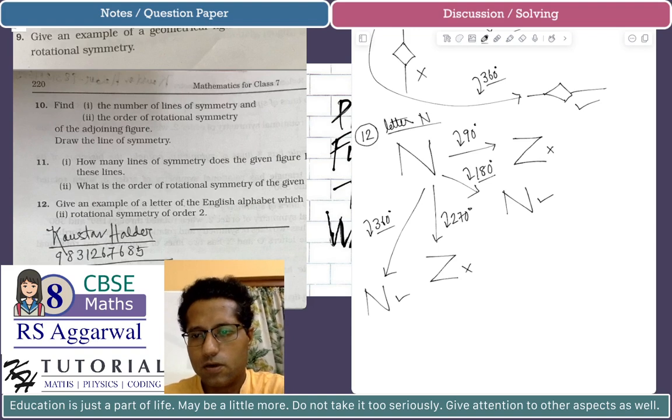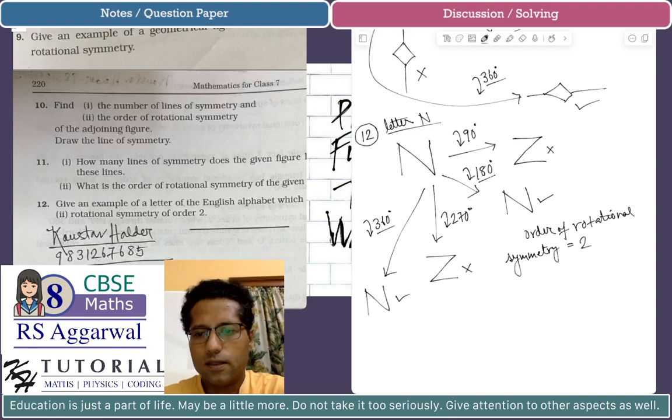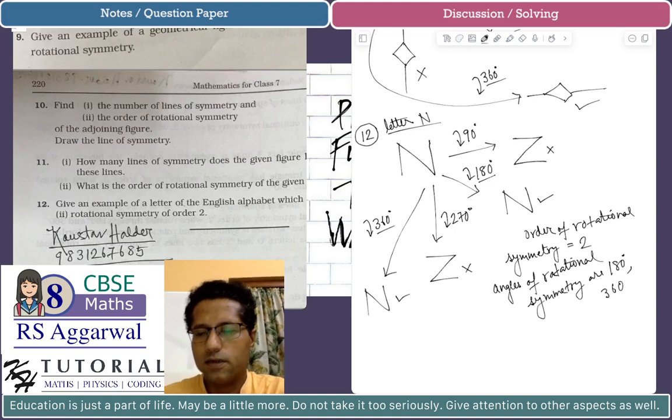So we can clearly see, we can consider the letter N, where the order of rotational symmetry clearly we see is 2, and the angles of rotational symmetry are 180 degree and 360 degree.